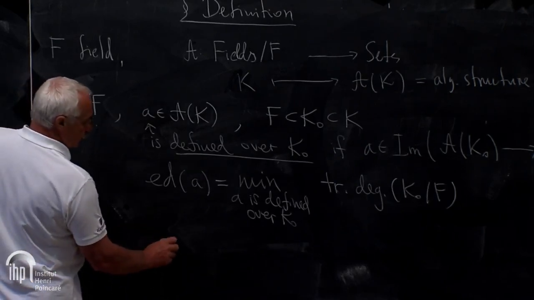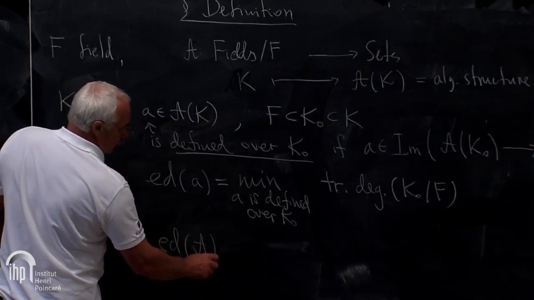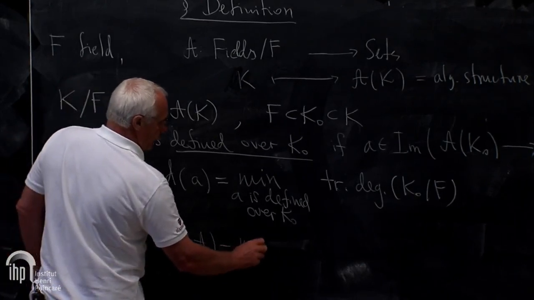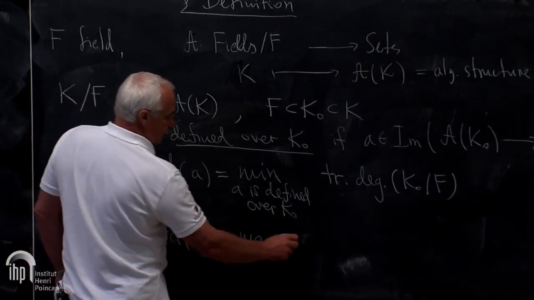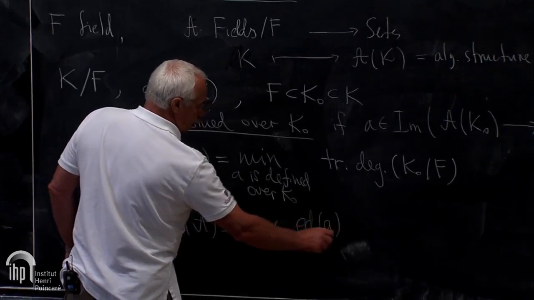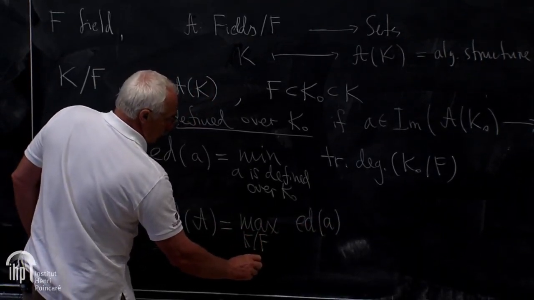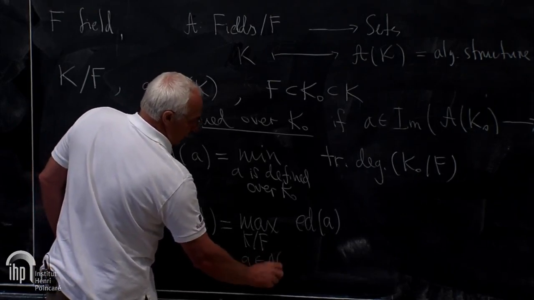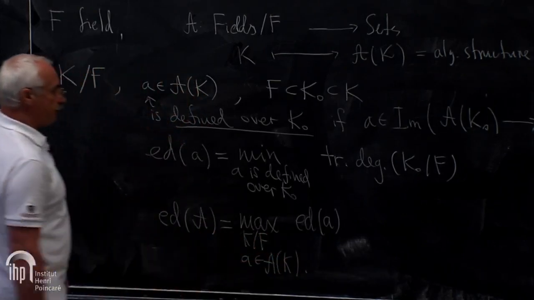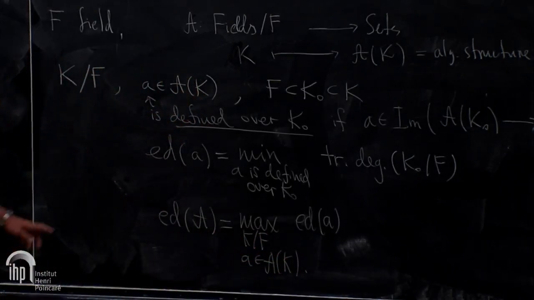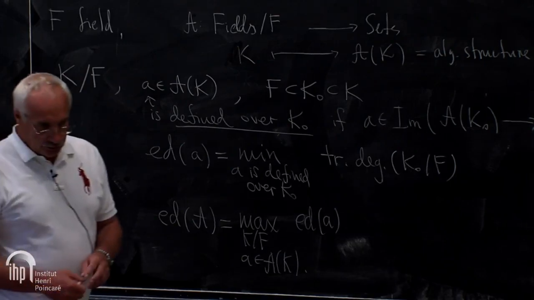And then the essential dimension of the whole structure is the maximum of the essential dimension of A over all field extensions and all elements in the set A of K. So this is the formal definition of the essential dimension of the structure.